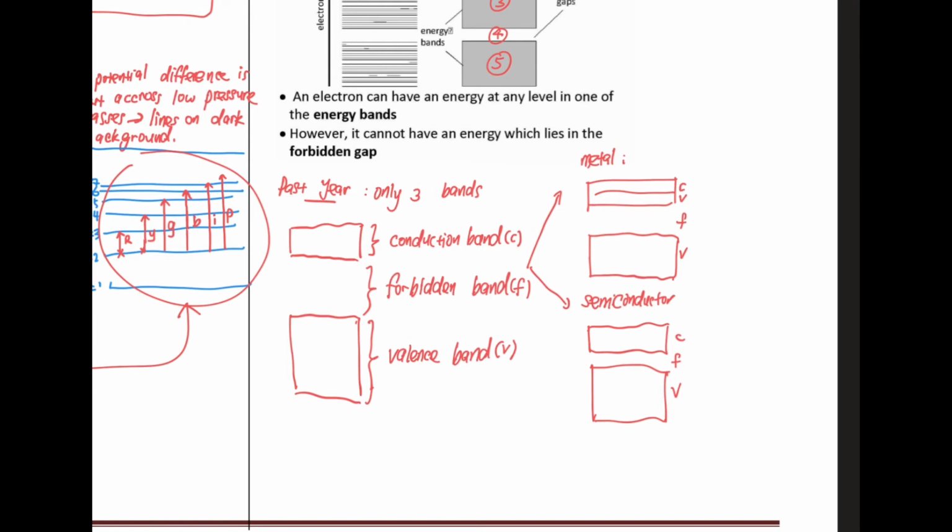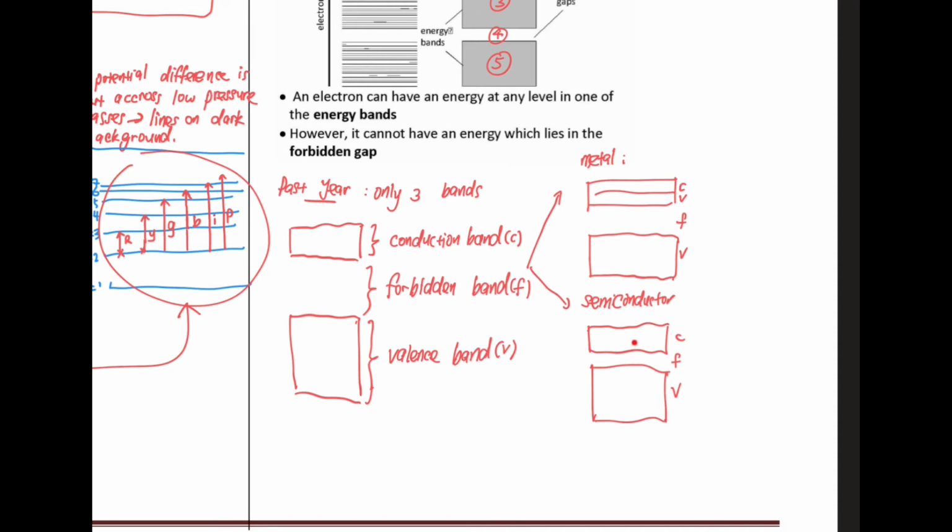So you want to make semiconductor conduct electricity. So basically, you need to make the electrons shift from valence band to conduction band. So the electrons have to take some energy to jump across the forbidden band and come to conduction band.